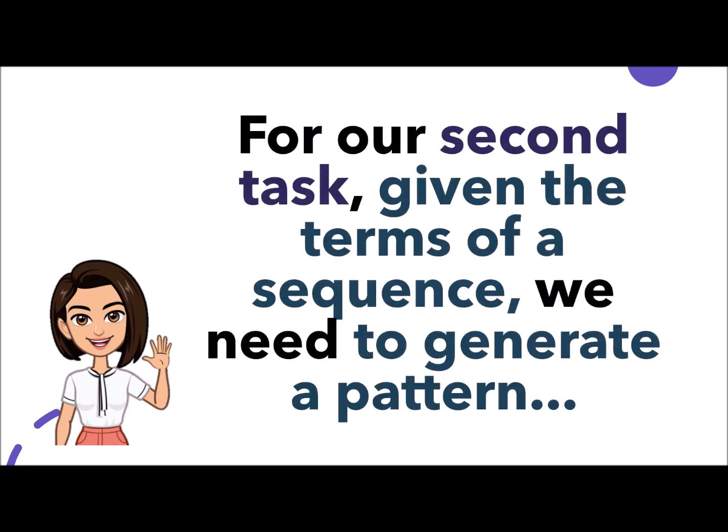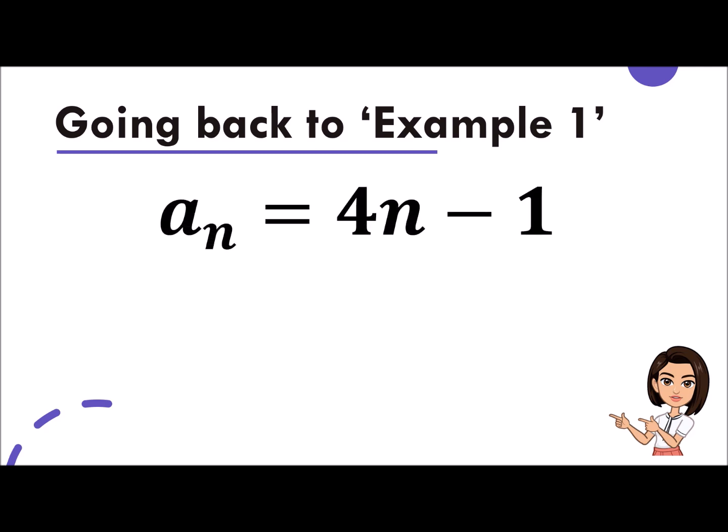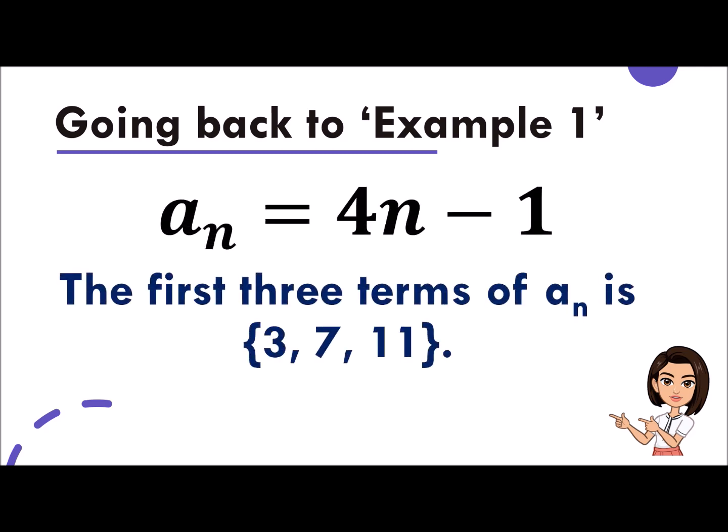Okay? So for our second task, given the terms of a sequence, we need to generate a pattern. So this time, let's have the other way around. So going back to our first example, let's have a sub n is equal to 4n minus 1. Can you still remember that? Having the first 3 terms of 3, 7, and 11.